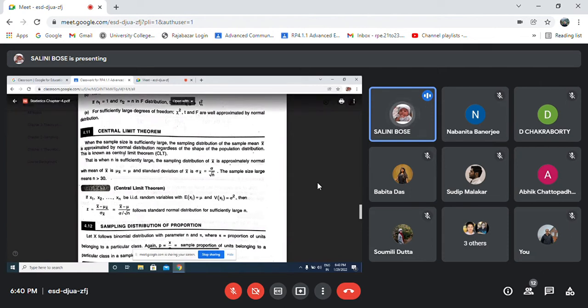This is known as the central limit theorem. That is, when n is sufficiently large, the sampling distribution of x bar is approximately normal with mean mu x bar equal to mu, and standard deviation sigma by root n. Sample size large means what?